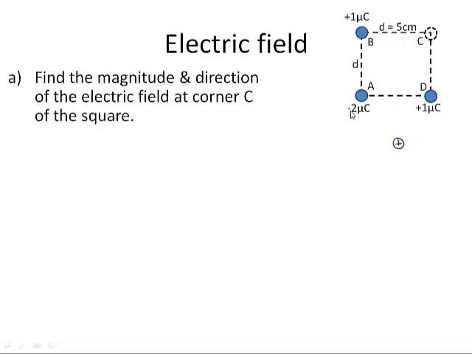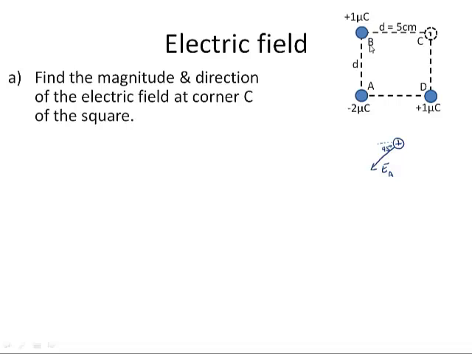Well, due to particle A, since particle A is negative and we're dealing with a positive test charge, opposites attract, and the test particle at C would be attracted to the particle at A. So the electric field due to A would be down and to the left at an angle of 45 degrees from the horizontal.